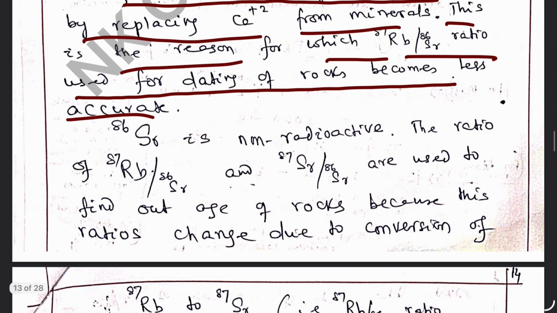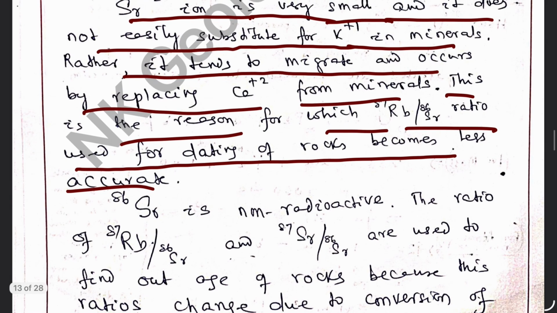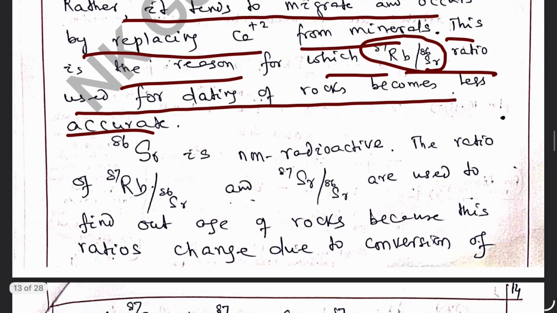That's why this ratio, rubidium-87 by strontium-87, is giving the age of the rocks, which is less accurate.